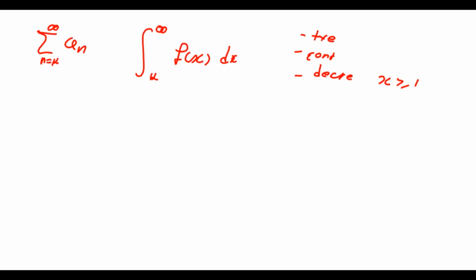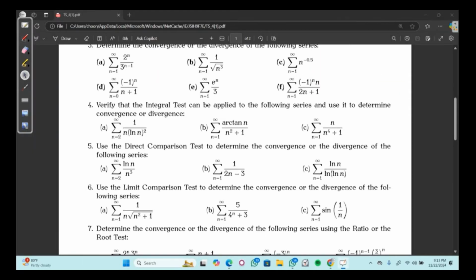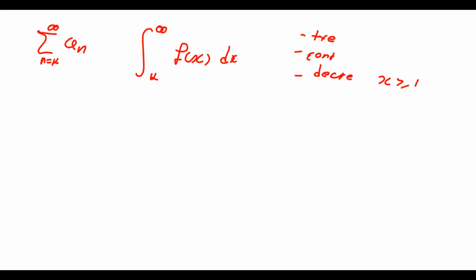So when the question asks you to verify, the tutorial sheet says verify that the integral test can be applied on the following. Meaning, if the series, which you can write as f of x, is positive, continuous, and decreasing for x greater than or equal to 1, you can go ahead and use the integral test, and for the examples given, you can try to sketch them.